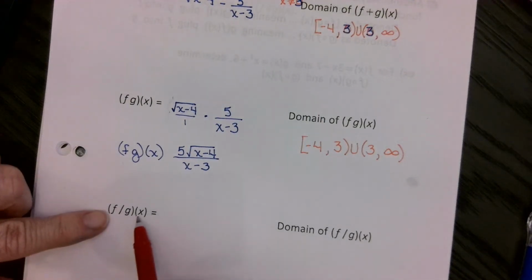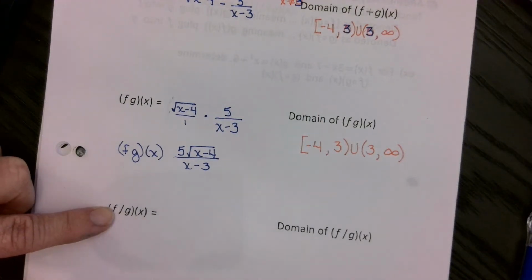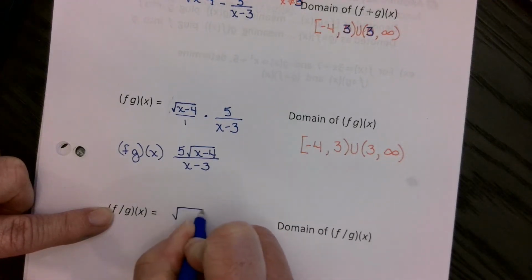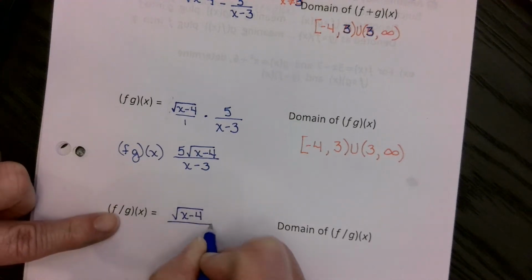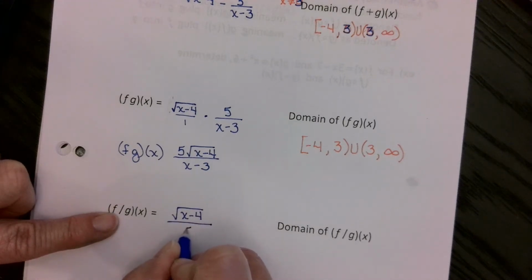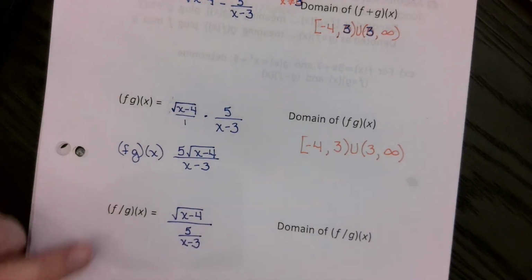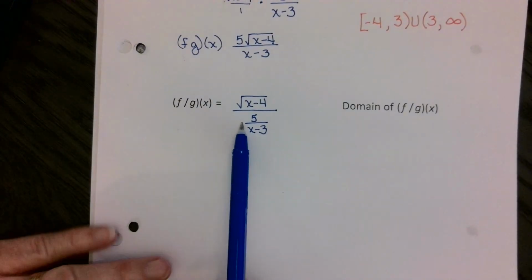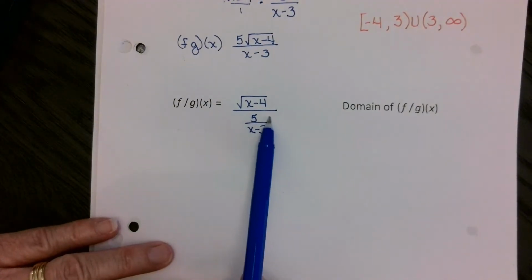So right here, we're going to divide them. We're going to have our f of x is the square root of x minus 4 over our g is 5 over x minus 3. Well, we don't like this. We learned this in our prereq section. We've got a fraction within a fraction.